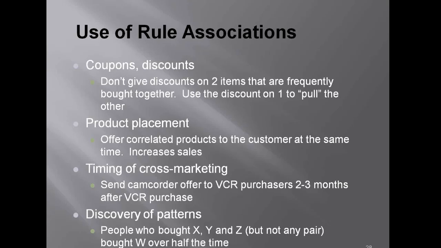Because they know that all of these products are bought together, and by offering a 5% discount on the overall package, they're really only offering, let's say, a 0.5% discount on each product. But because they're always bought together, the customers will tend to buy the whole package.